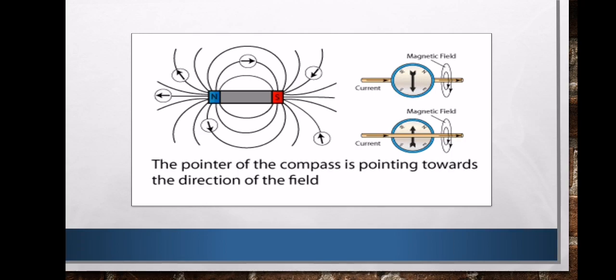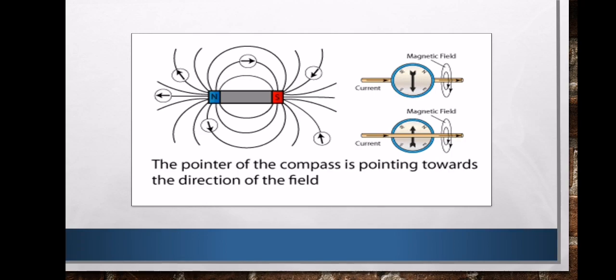That means that the magnetic field's direction is also north. On the other hand, the magnitude of the magnetic field, or the strength of the magnetic field, is determined by measuring the torque exerted on the compass needle in the field.